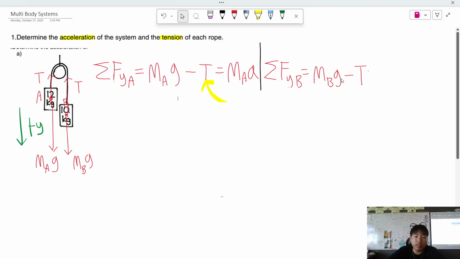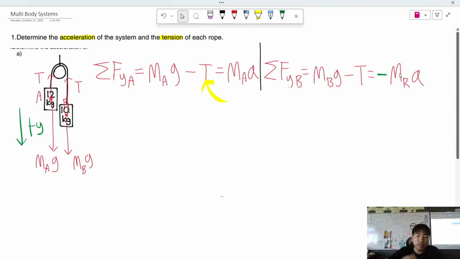It's pretty much the same thing, but keep in mind this is still the positive force. Even though the 12 kilogram will go down and the 10 kilogram object will go up, we're still going to write MBG minus T the way it is, because MBG is the positive force. It's the one that is pointing downwards.